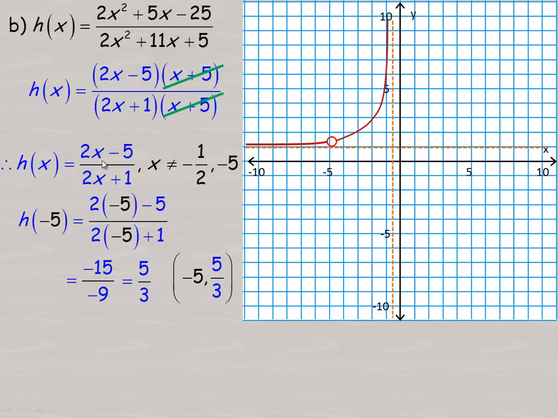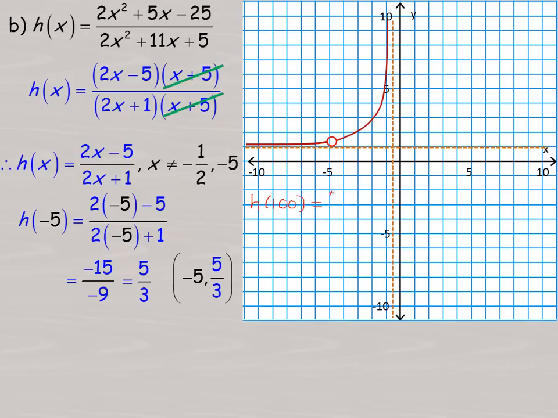So for example, I could put a large value in place of x here. So let's say 100. And actually, I'll do this one. So let's say I was going to evaluate h of 100, just to show what happens to the far right. So we would put 100 here in place of x.